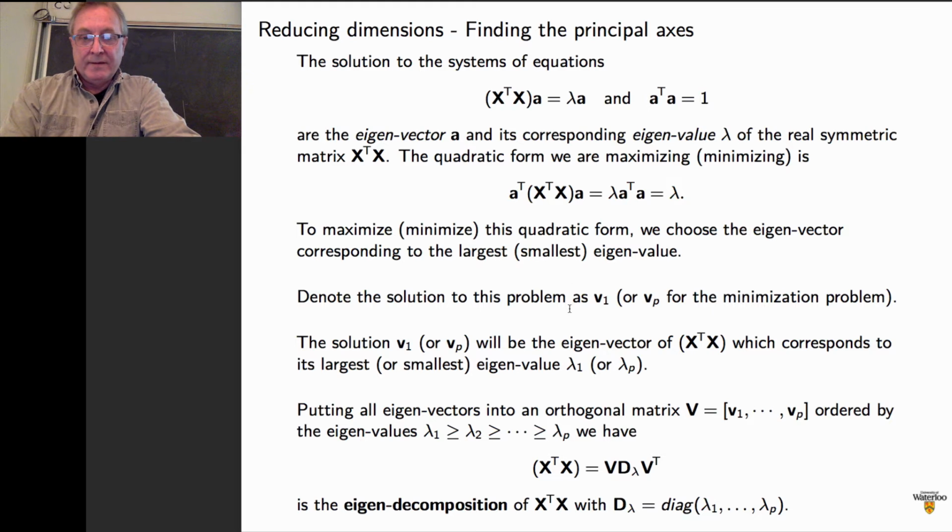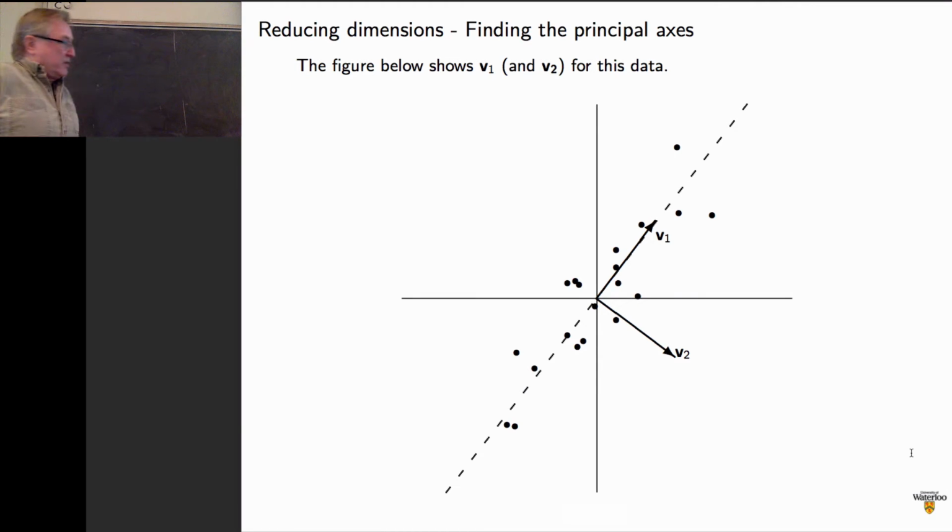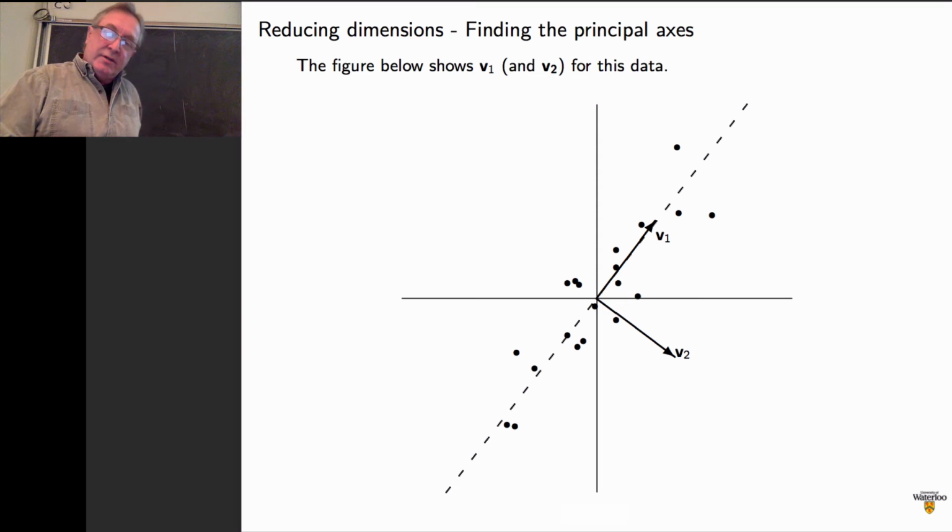So what do I need to do? I need to do an eigen-decomposition of this real symmetric matrix, and we'll call that V D lambda V transpose, where lambdas are the eigenvalues. So what are we doing? We're finding that direction V1 is the direction where the data are most spread out, where their projections are longest onto that direction.